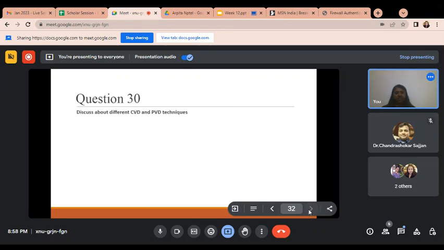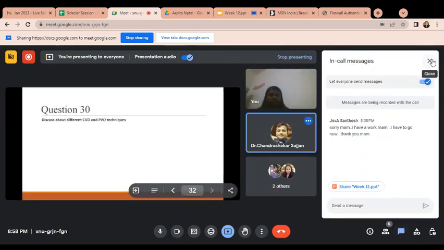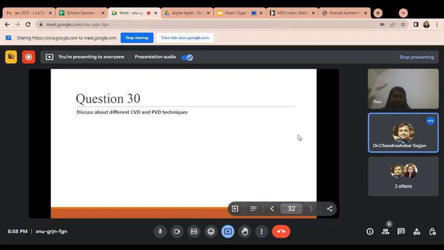And this is the last question. They discuss the different CVD and PVD techniques. I think I have already gone through that. Can anyone explain what CVD and PVD techniques are?